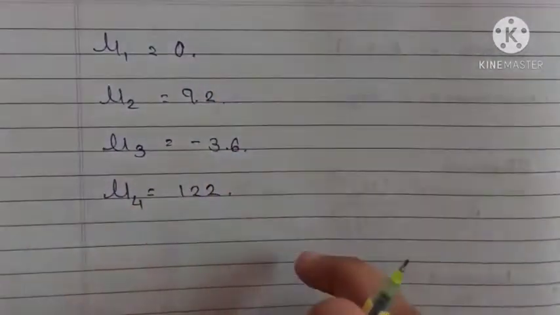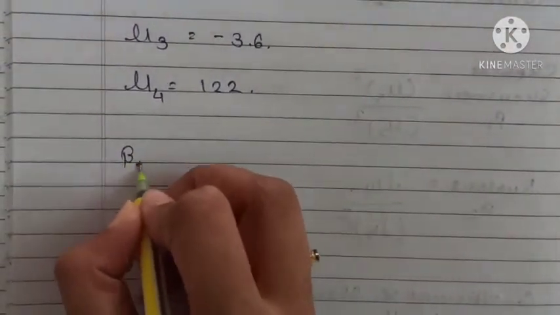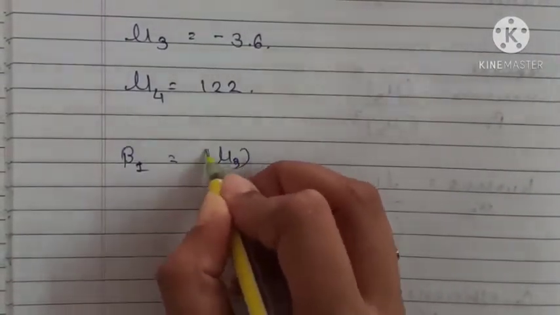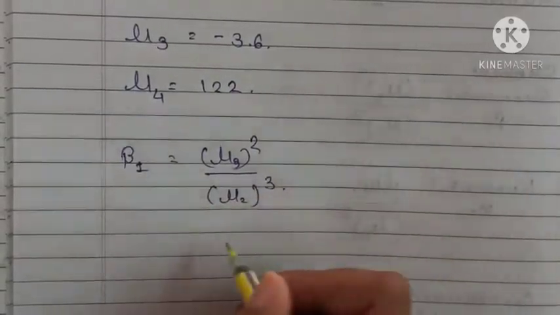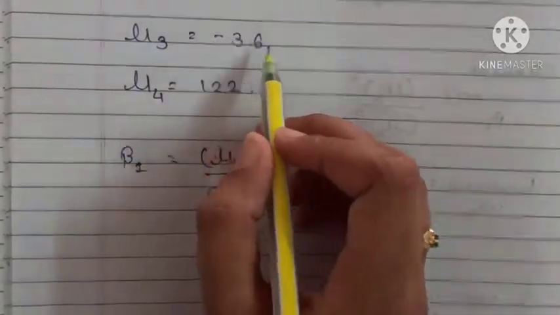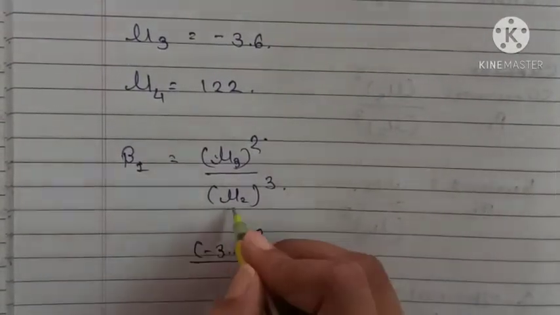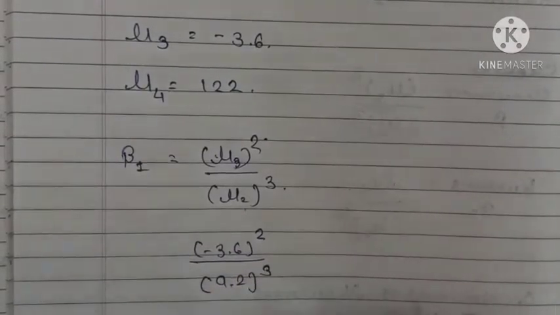So using these central moments, let's find out beta 1. What is the formula of beta 1? That is mu 3 square upon mu 2 cube. So mu 3 is minus 3.6, squared, upon mu 2, that is 9.2, cubed.